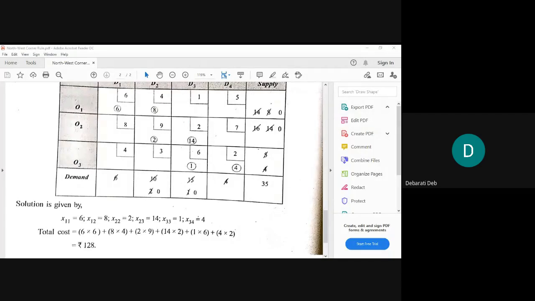Muskan Gupta, is it clear to you? Yes, the steps are okay, ma'am. Very good. Supriya, is it clear to you?